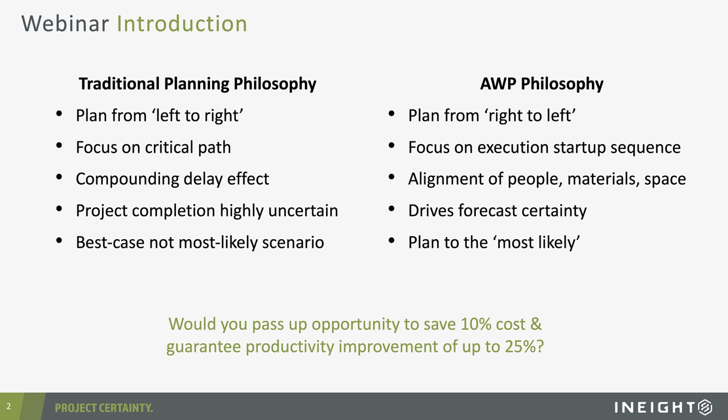We then sit down and look at the procurement and fabrication work and deliverables that are required. Those deliverables then get fabricated, delivered to site. They then get installed or constructed during the execution phase of the project. And then we move into commissioning and closeout. So, very much a left to right mentality.